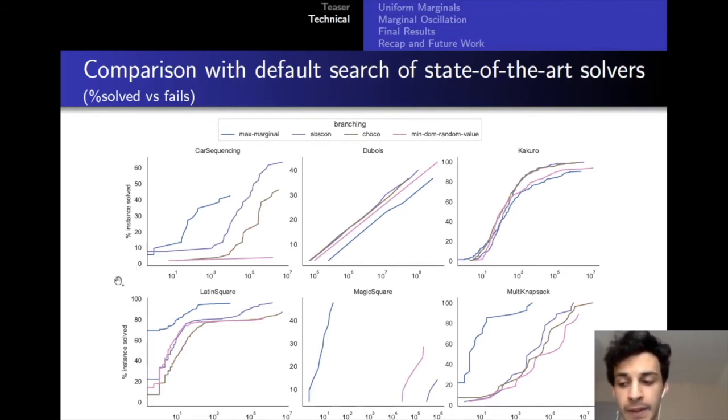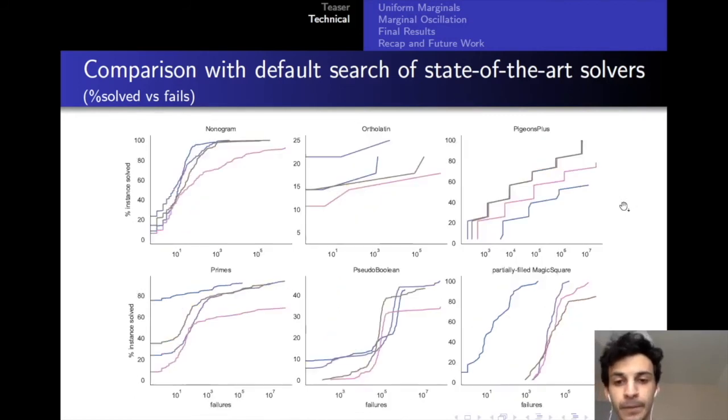And here we see that we perform better than state-of-the-art on Latin square, magic square, and multi-knapsack. But we perform worse on Dubois and Kakuru. Again, additional results with very similar trends. We beat state-of-the-art on primes, nonogram, and partially filled magic square, but we perform worse on Pigeon Plus.